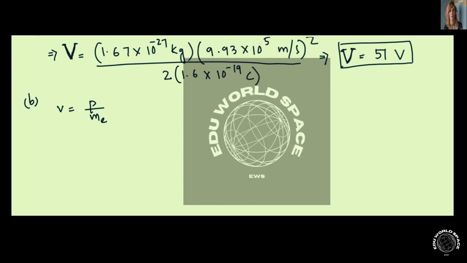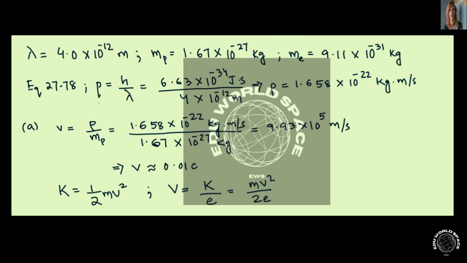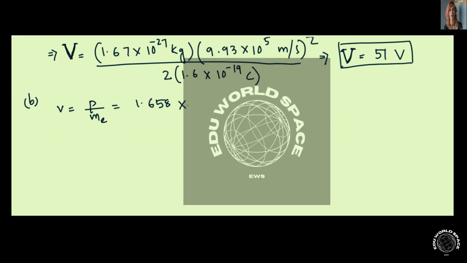So we use the same value of momentum that we calculated here, times 10 to the power minus 22 kg meter per second, over 9.1 times 10 to the power minus 31 kg.